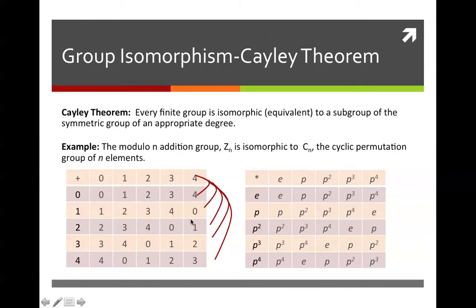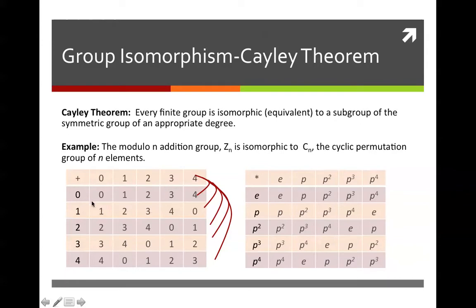And likewise, the second element, 1, is identified with the next permutation, which is obtained by taking the first row and then the third row here. So 0 to 1, 1 to 2, 2 to 3, 3 to 4, 4 to 0 becomes 1.